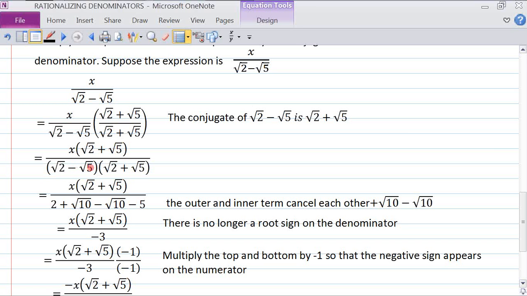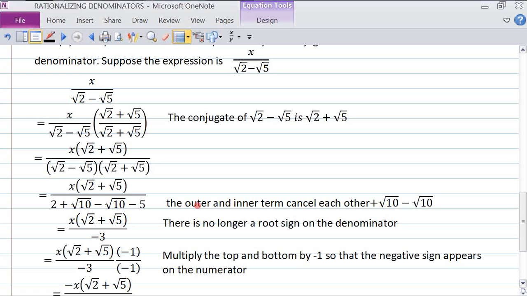The inner one is minus root 5 times root 2, which is minus root 10. And minus root 5 times plus root 5 gives me minus 5. So you'll notice that this term cancels with this term. So essentially we get the first times the first, which is 2, and the last times the last, which gives me the minus 5. So 2 minus 5 is minus 3, and the numerator stays the same.